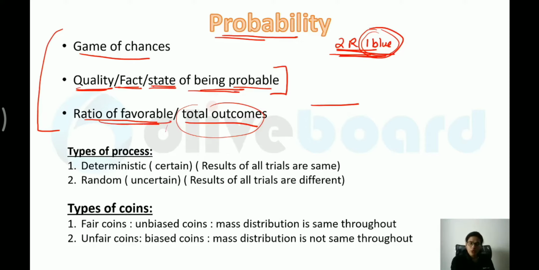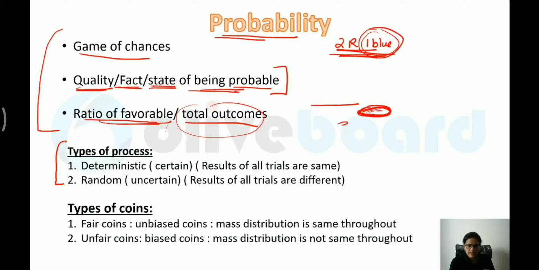Now, when the question of probability arises is also important, and that depends on the types of processes. Imagine I have a coin. When you take any 1 rupee or 5 rupee coin, the coin is equally balanced: the same weight on the top, the same weight on the bottom.